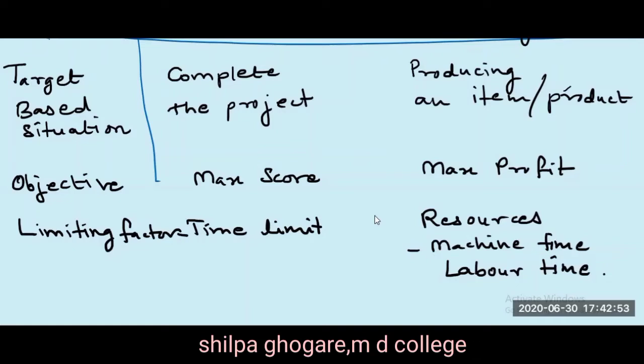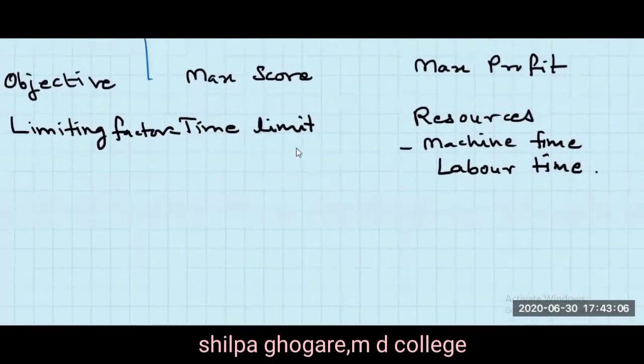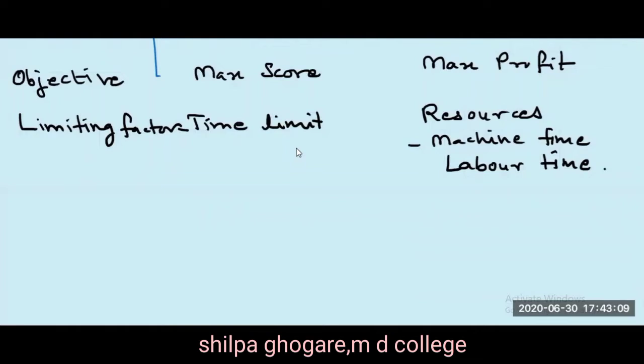So in the limiting resources, the company is producing the product and it wants to maximize the profit. So this type of examples, or this type of situations, are known as optimization problems. So you have optimization problem.